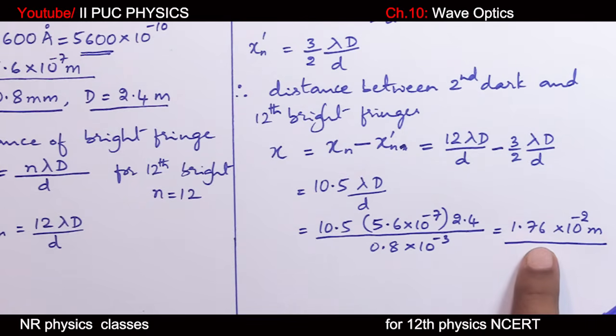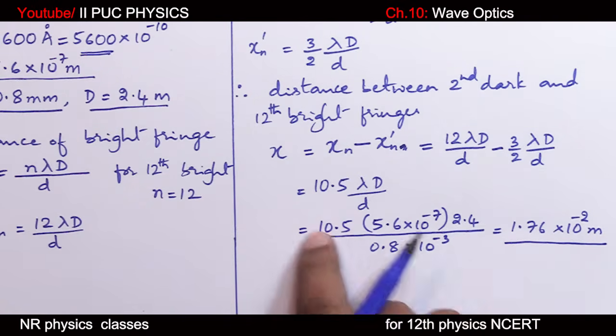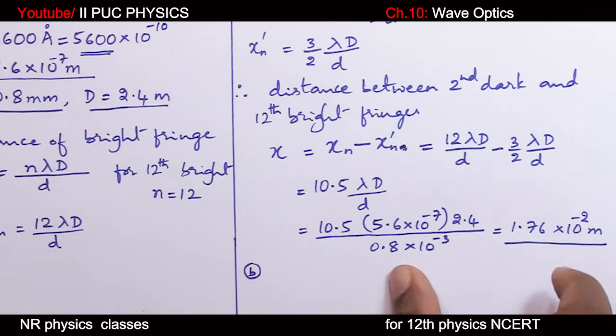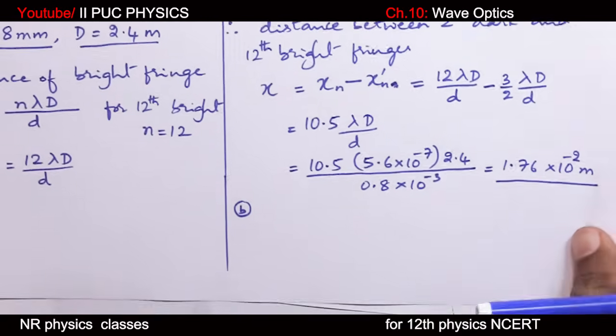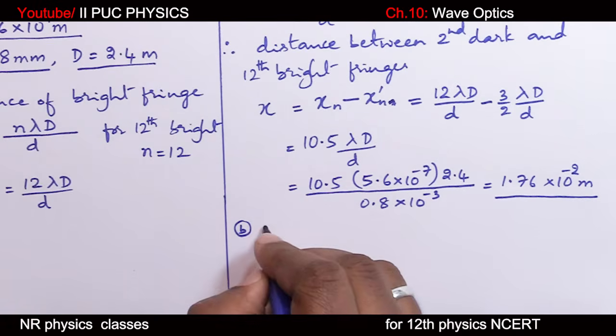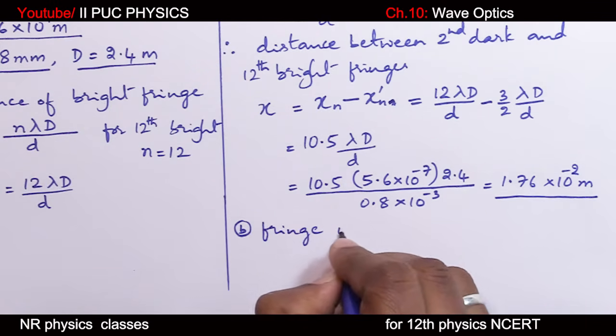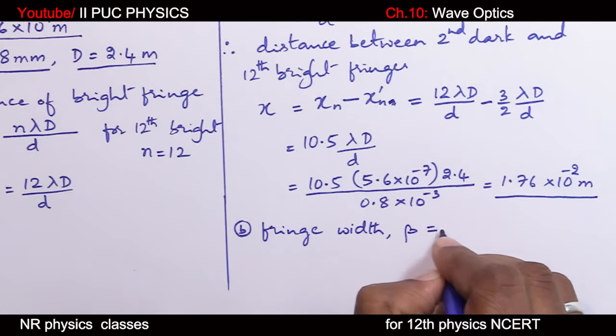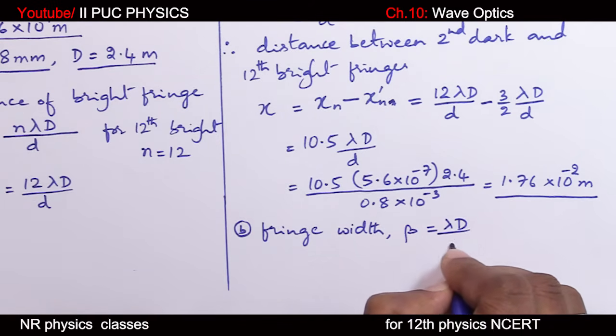For PU board students, please use calculator and simplify. Okay. Second is fringe width. Fringe width beta equal to lambda capital D by small d.